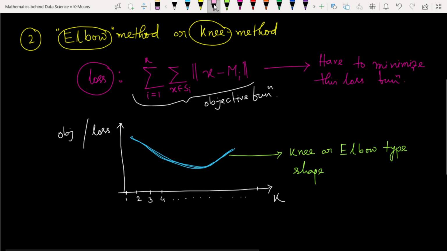Now the minimum value of the loss function will be somewhere here, so we choose this as the optimal case.